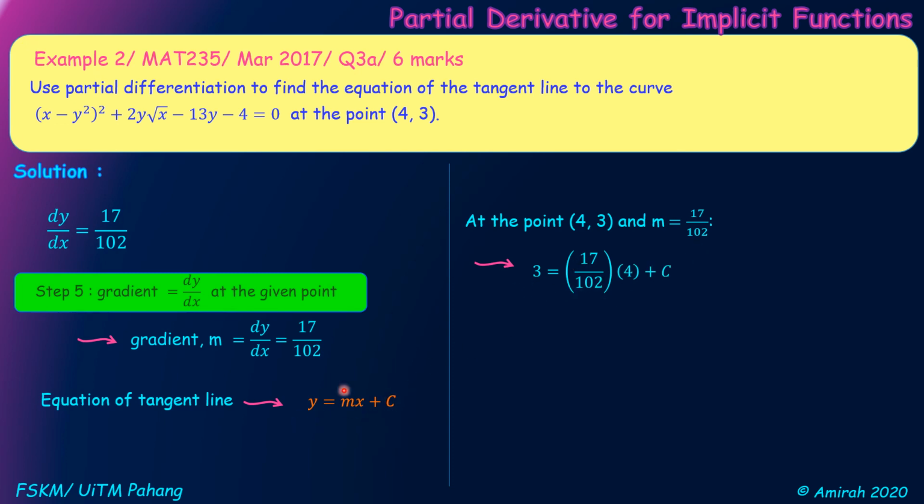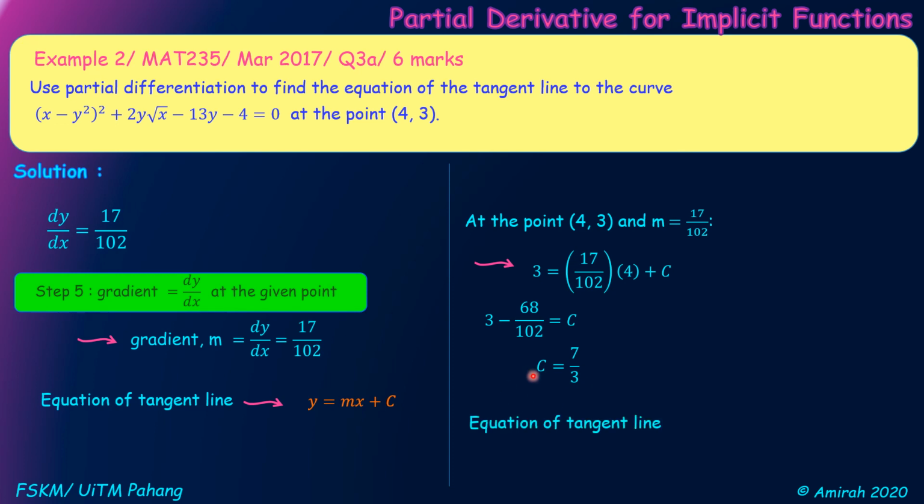So we replace y equals 3, and then we replace m equals 17 over 102, and we replace x equals 4. Then we solve for c, so c equals 7 over 3, right?